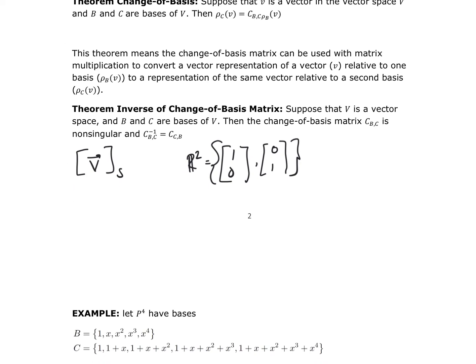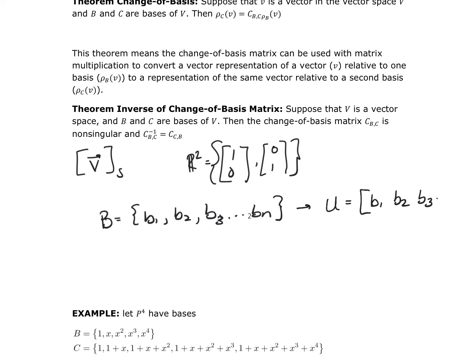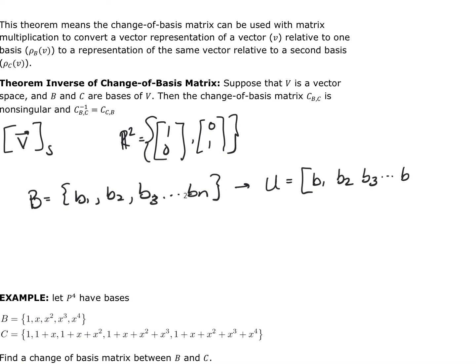Now, if we have a linear transformation that's going on, and we've got B, which has all these vectors. B is my basis, and it has the vectors, we'll call them B1, B2, B3, etc., all the way up to Bn, which can be represented as the matrix U, where the columns are B1, B2, B3, all the way up to Bn.